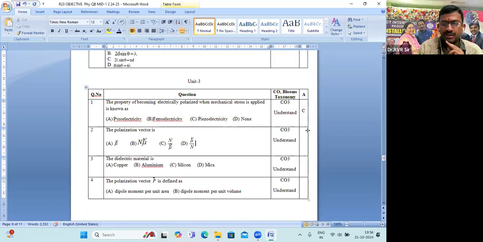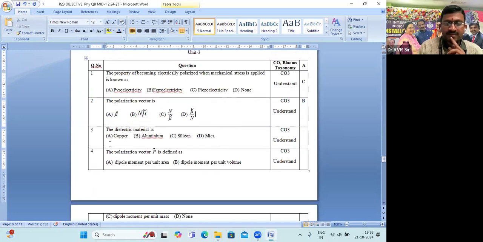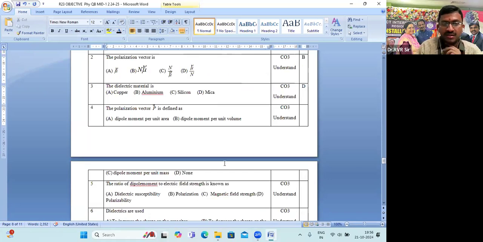So the answer will be option B. If the dielectric material is copper, aluminum, silicon, or mica, mica will be the dielectric material. Option D is the right answer.